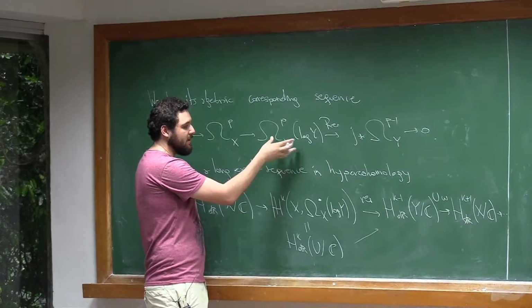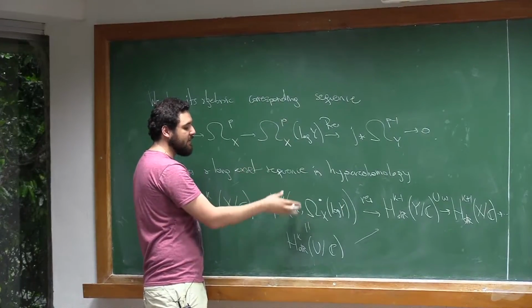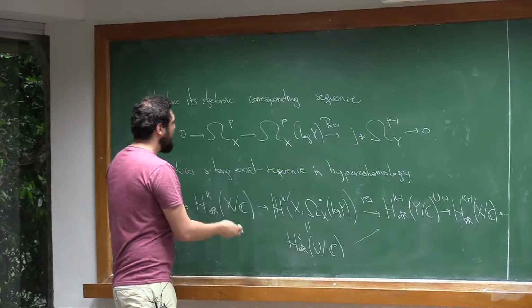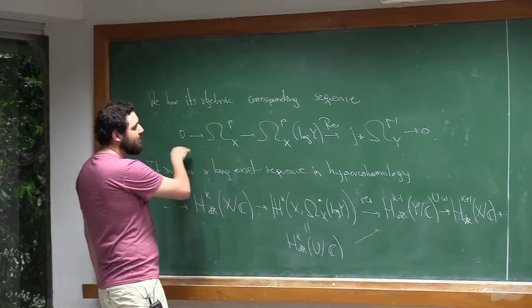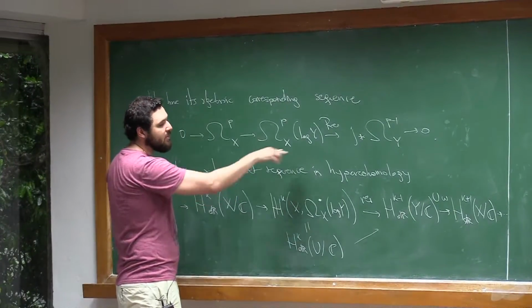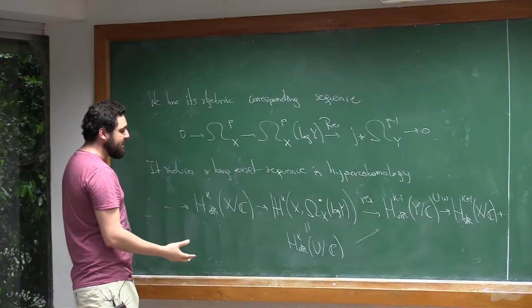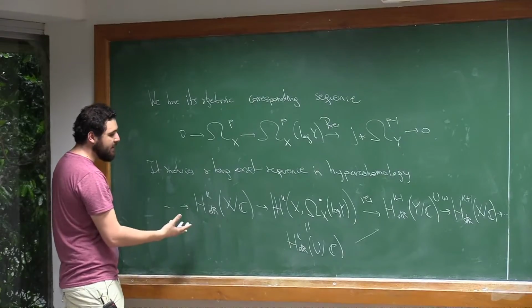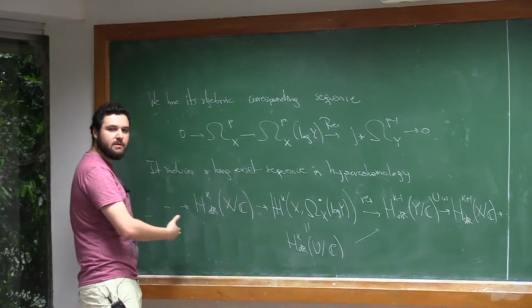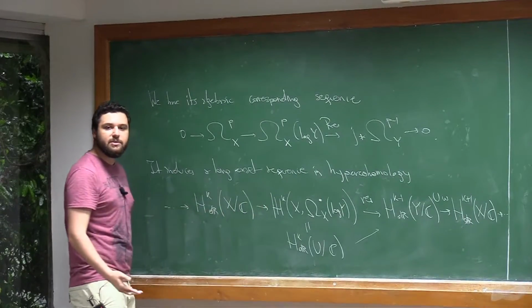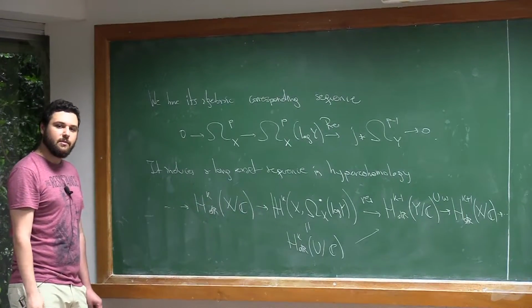And so the long exact sequence that you obtain when you truncate the complexes, this short exact sequence of complexes, is exactly the filtered long exact sequence with respect to the naive filtrations in all the hypercohomology groups, right?